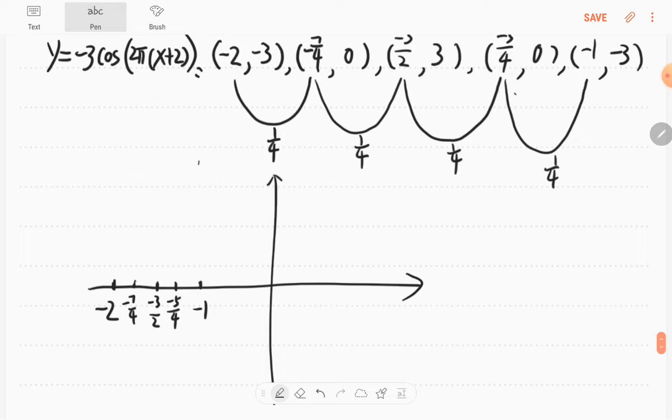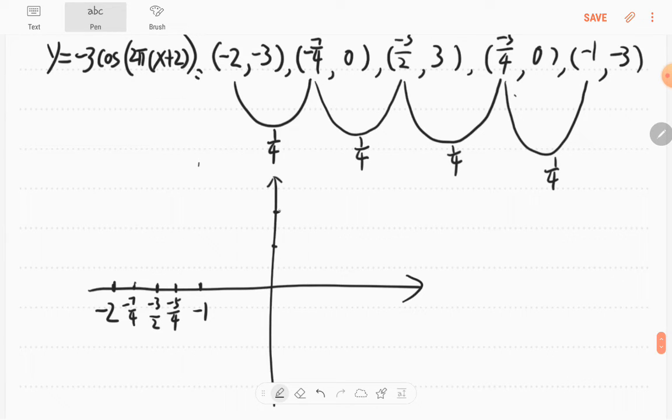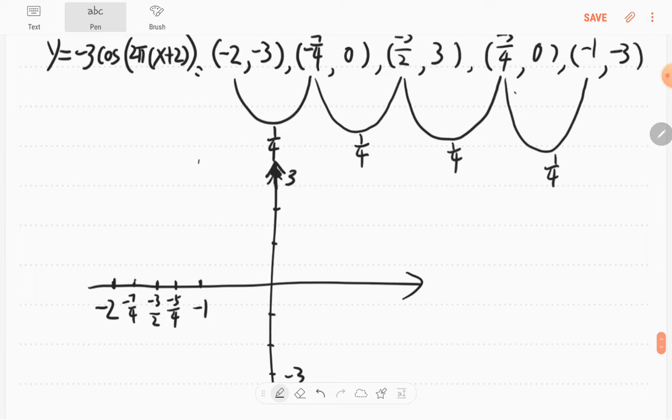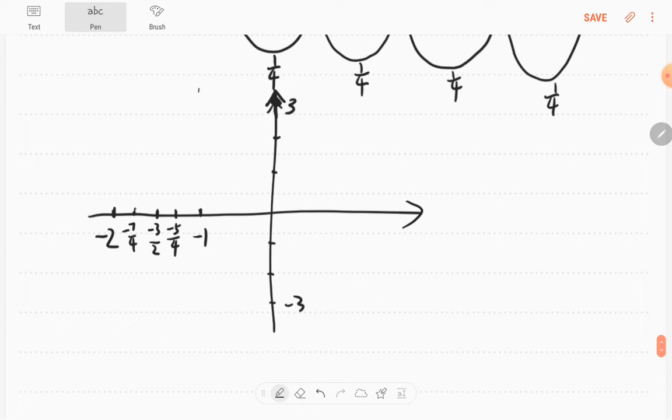For the y values, 3 is 1, 2, and 3, and this is negative 3. So the points are negative 3, 0, 3, 0, and negative 3. So the graph will look like this.